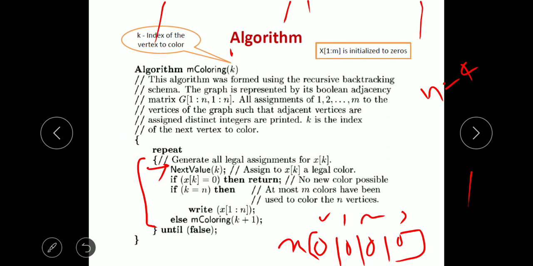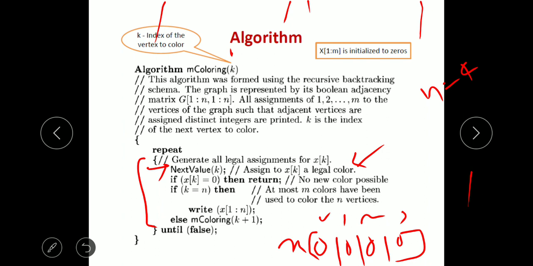Next time, next value moves on to the next vertex and again tries to find a legal color and assign it, always trying to assign a different color. We shall look into the code of next value in the next slide.